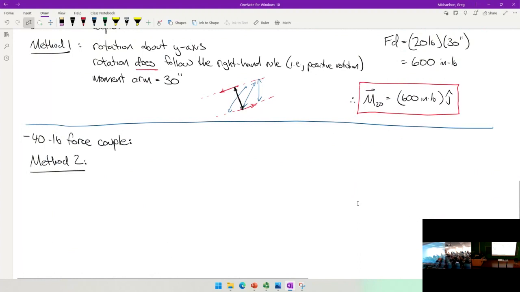All right, so first thing we're going to do is the position vector.